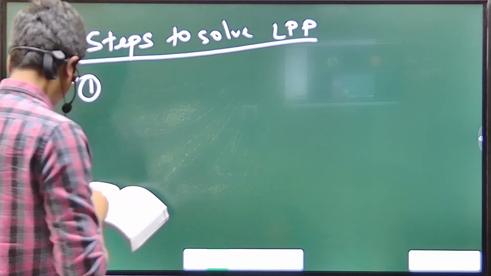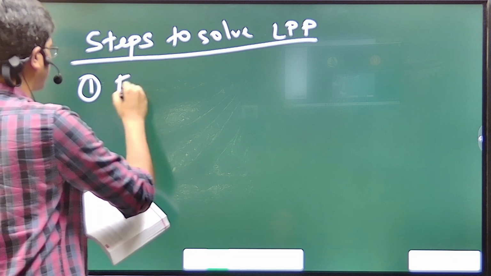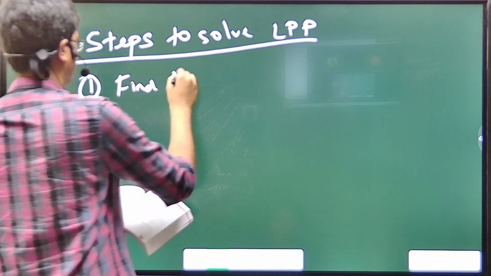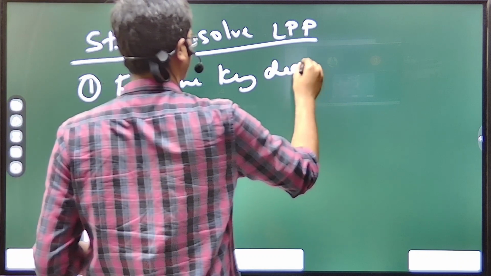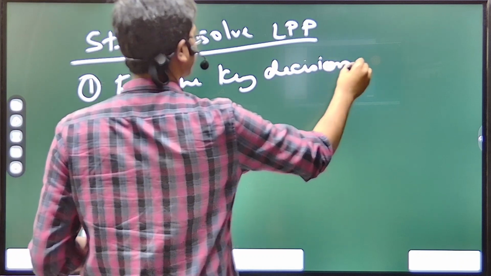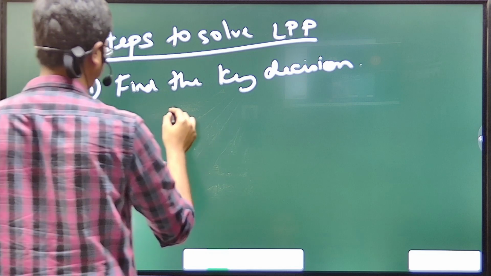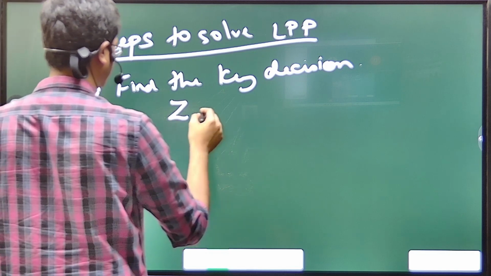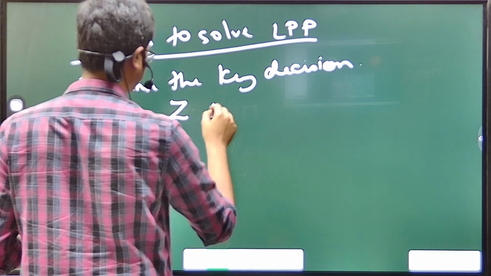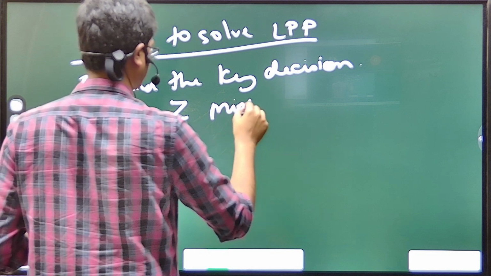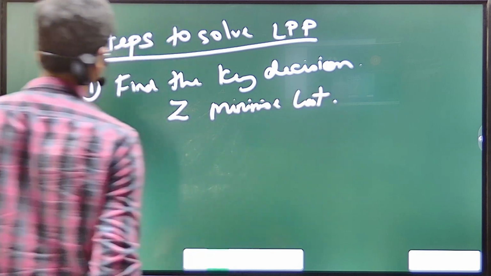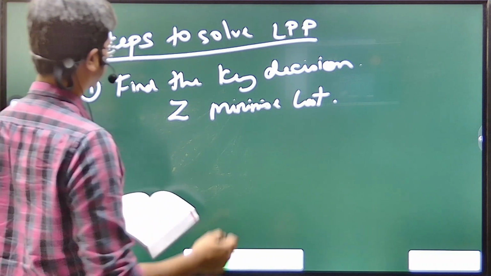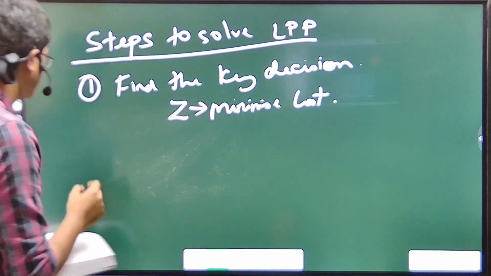So find the key decision. That is the problem statement. So it may be, say, Z should minimize cost, right? Minimize cost. This may be your key decision.